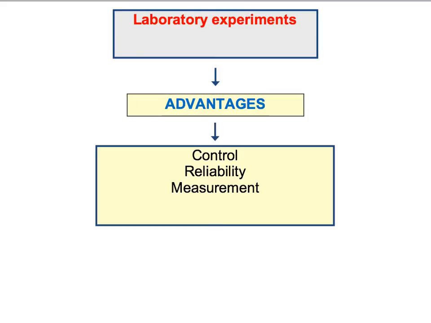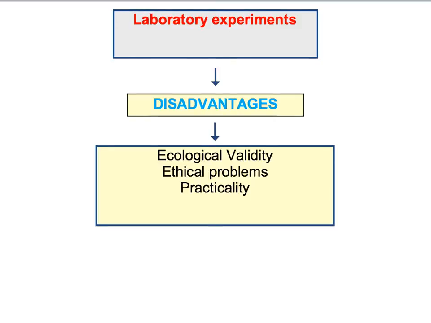And also experiments enable us to measure the relationship between the independent and the dependent variable in quite precise ways. However, as I've just noted, laboratory experiments are very much a minority method in sociology.